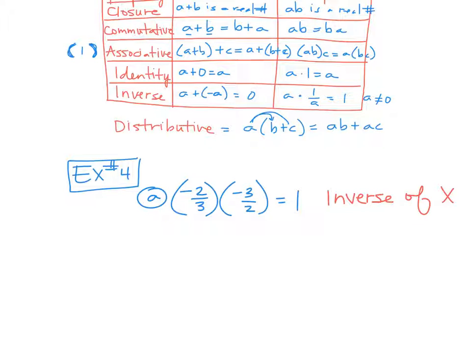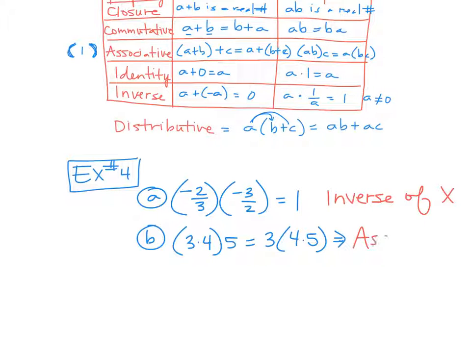What about this one? You have 3 times 4 times 5 equals 3 times 4 times 5 with the parentheses moved. What's that one? That is associative of multiplication. Okay.